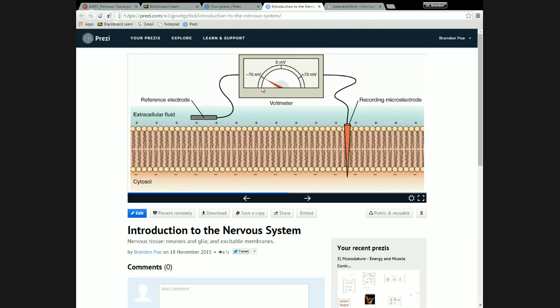Now, when we do that, we measure the charge at rest, and we get negative 70 millivolts. All that means is that the inside of the cell is 70 millivolts negative, or 70 millivolts below the charge outside the cell. We're basically assuming outside the cell is 0, and so inside is 70 less than that.